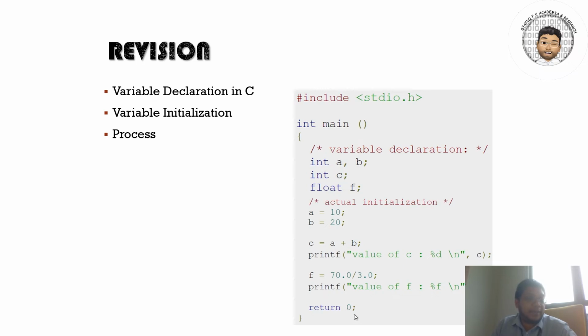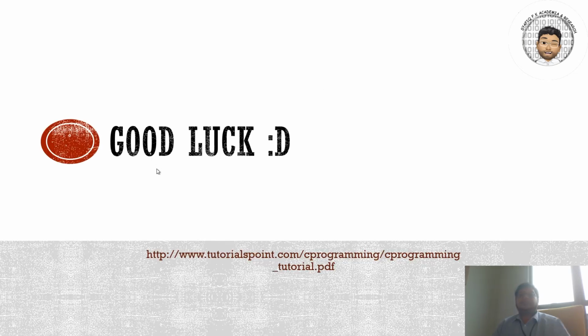So from this code, you just want to present the value of c and the value of f from the variables a, b. So the terminal should look like this: value of c is 30, value of f equals 23.333334. So far so good. Do you have any questions?